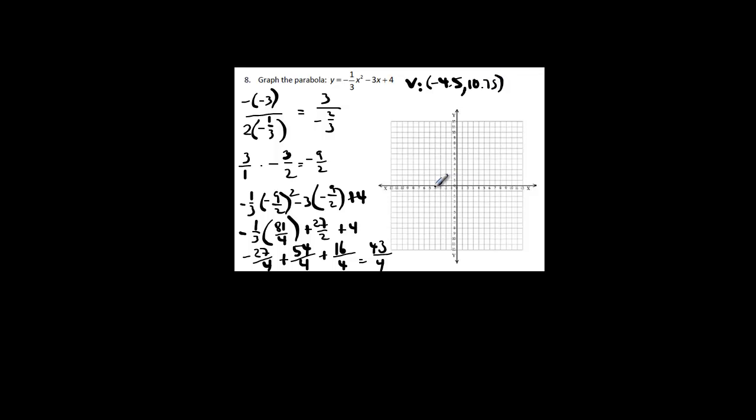So negative 4.5 comma 10.75. So we're way up here. That's your vertex. The y-intercept is 4. So let's hit right there. And it's negative 4.5, so it's going to be 4.5 to the right. So 4.5 to the left.